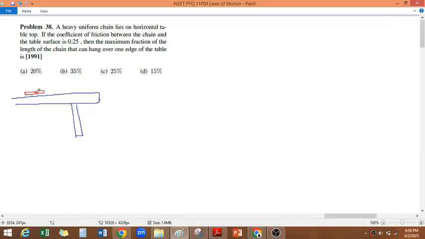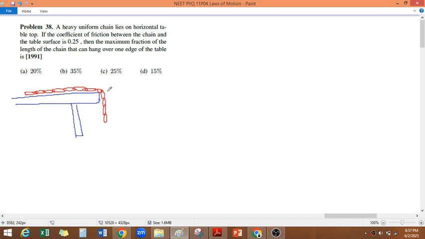So the chain is connected like this, right? So there is some part of the chain which is hanging like this. The question is, as you can imagine, if this weight keeps on increasing, what will happen? This will pull this entire chain downwards, so it will slide down.